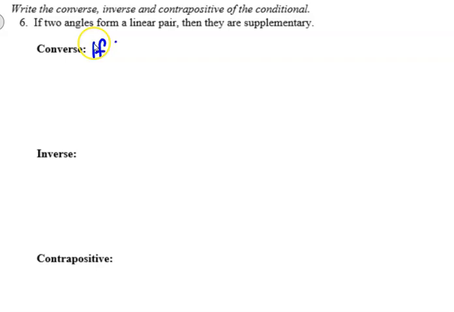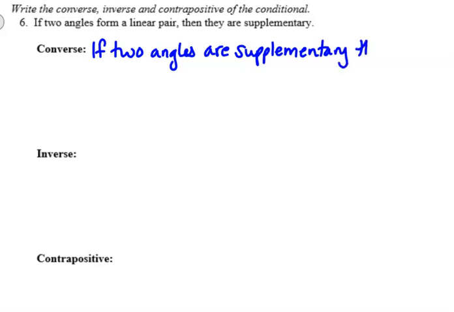So if two angles are supplementary, then they form a linear pair. Right? Because we're switching the hypothesis and the conclusion.